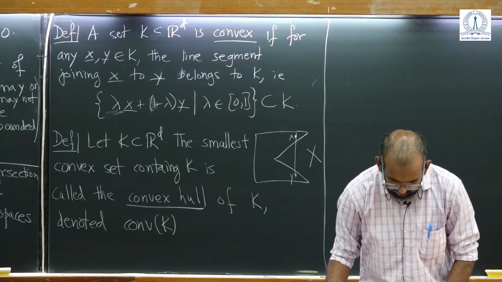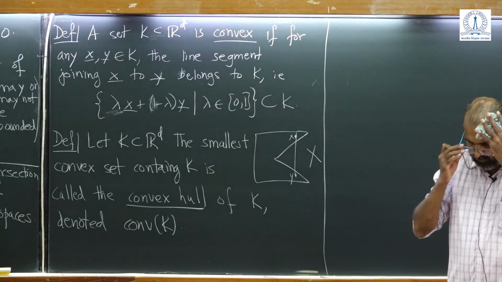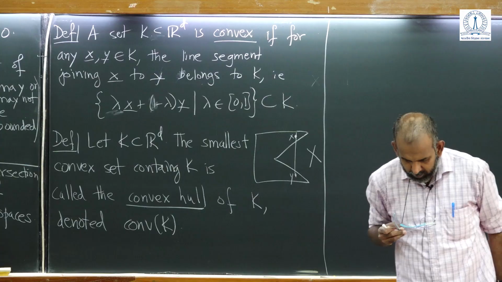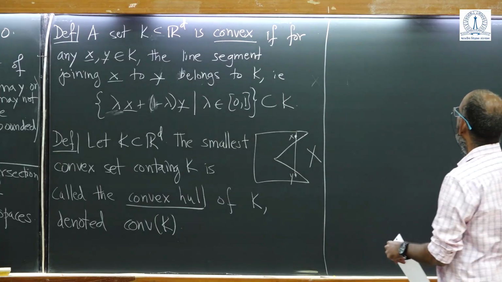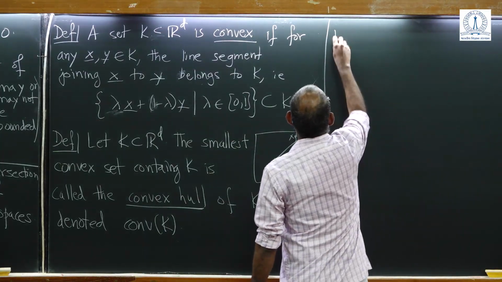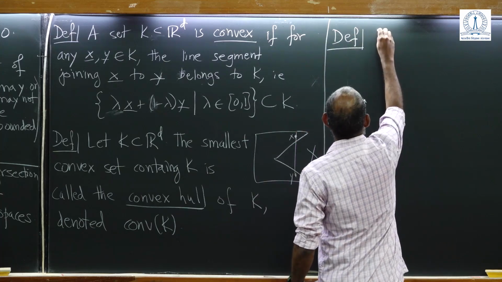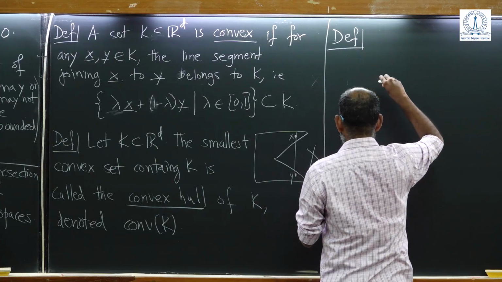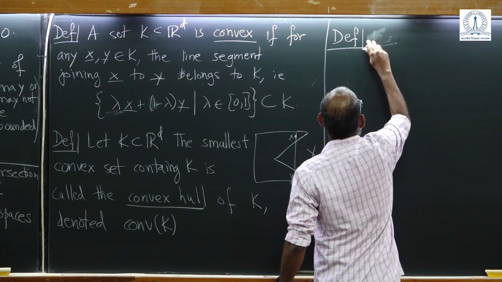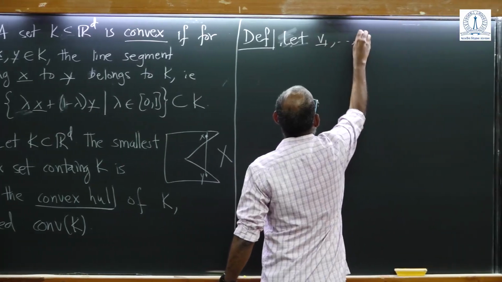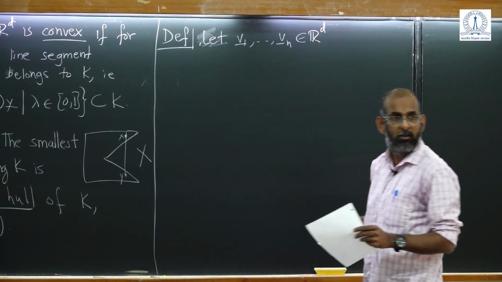Okay. So now we come to polytopes. So let v1 up to vn in R^d be some vectors.